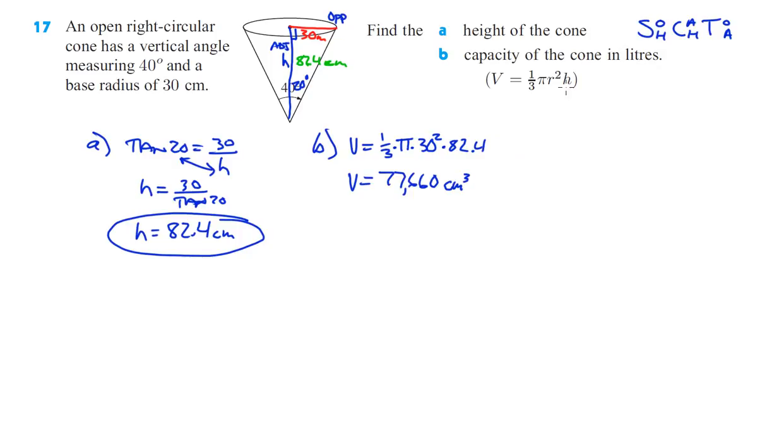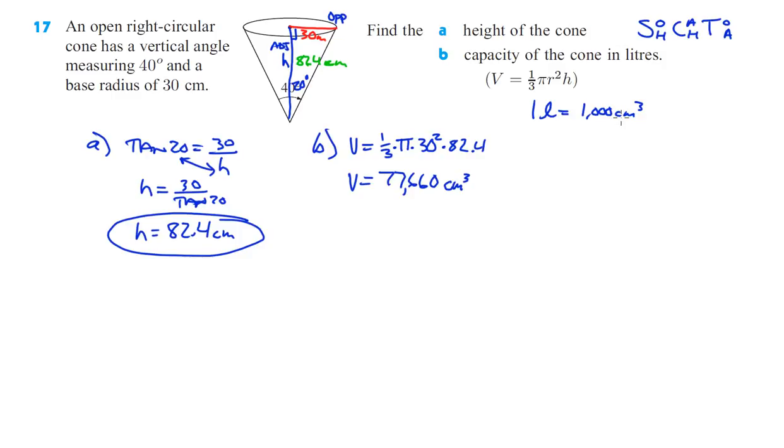In liters, so that's cubic centimeters, and we need to know how many liters that is. This is something that's not mentioned in here. It would be helpful if they had it, but 1 liter is equal to 1,000 cubic centimeters.